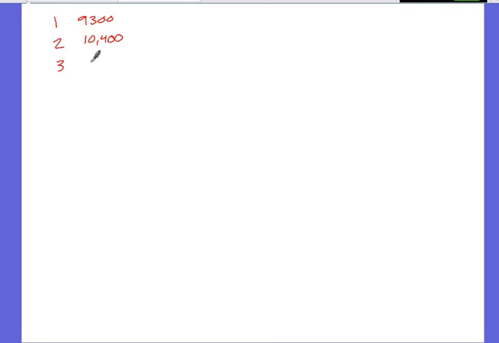Any way you round, but you at least need to show them how you rounded. So I rounded to the nearest hundred, so by me writing this, shows them that. In year 4, I rounded to 13,300. So here's what I rounded to. Estimate doesn't have to be exact.